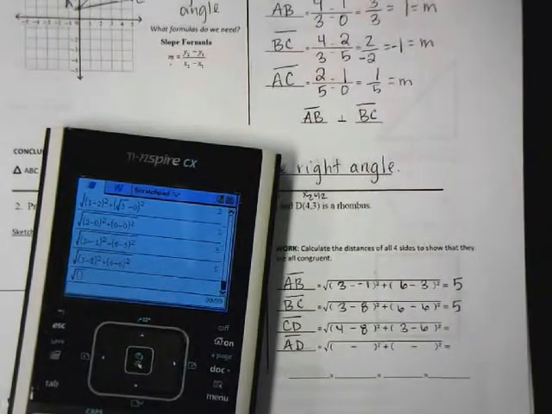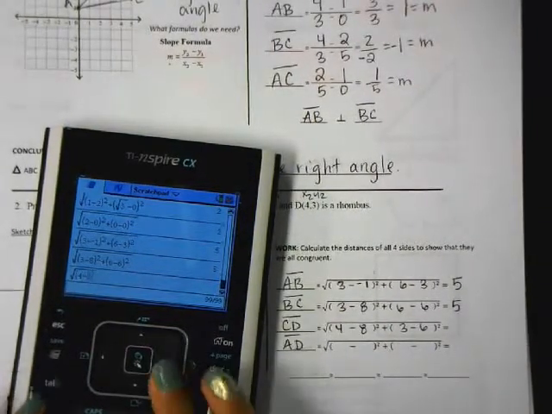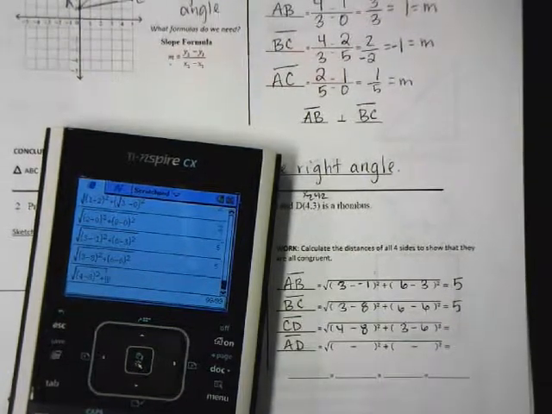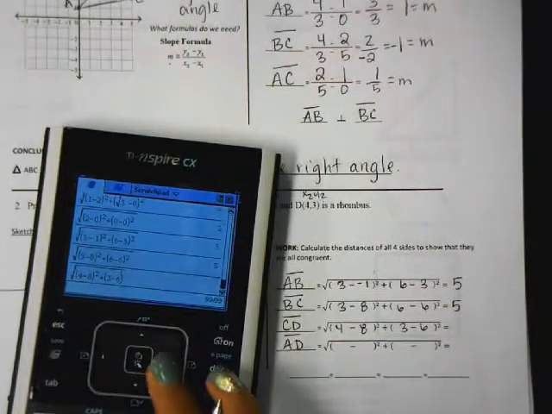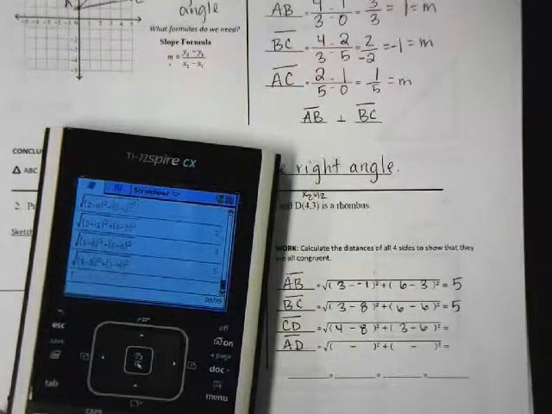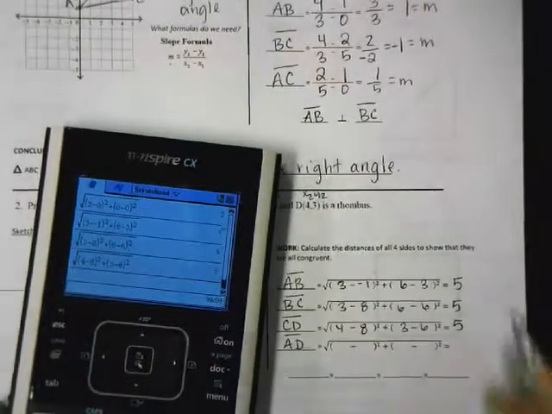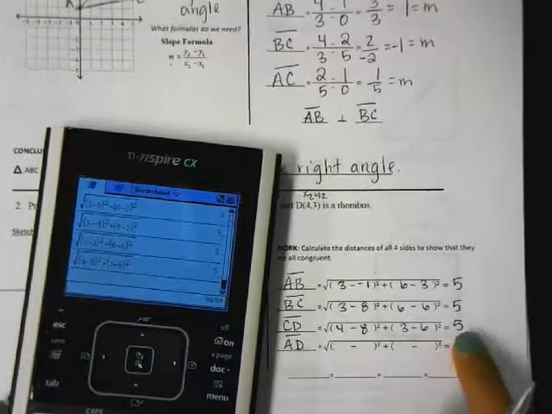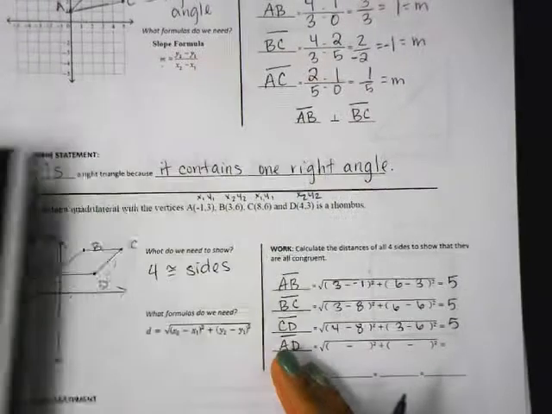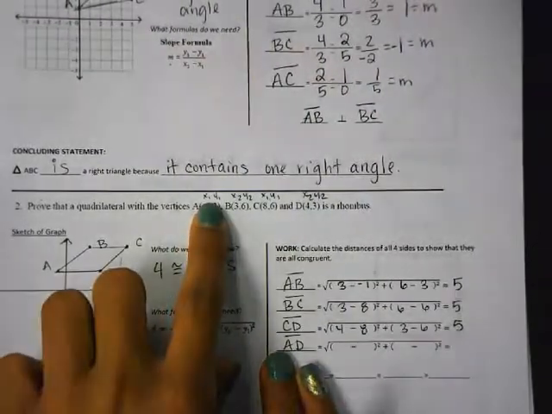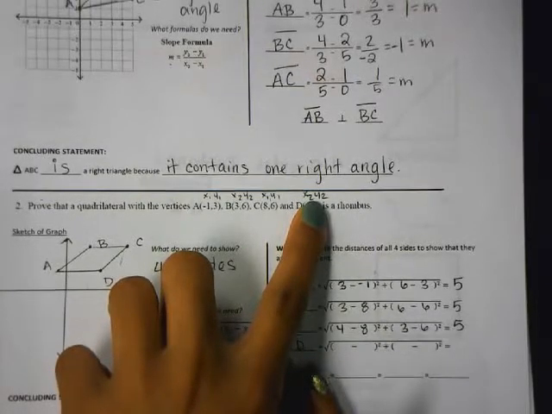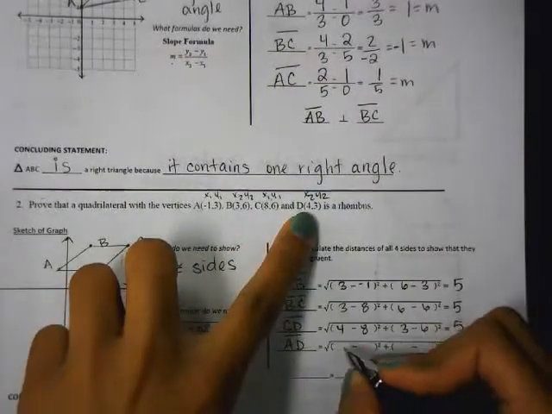Okay? So last one, AD. Notice that A we've already labeled as X1s and Y1s, and D's already labeled as X2s and Y2s, so we are good to go. So X2, 4 minus X1, -1. Y2, 3 minus Y1, 3. Okay? So radical, parentheses, 4, take away -1, square, plus, parentheses, 3, take away 3.